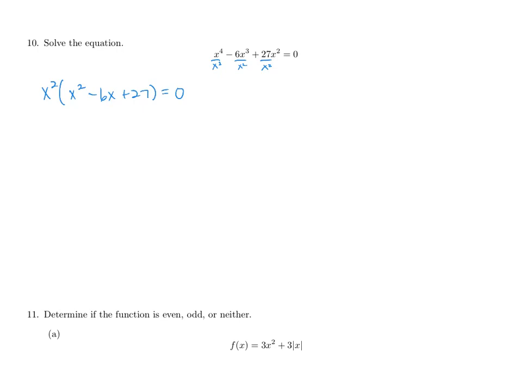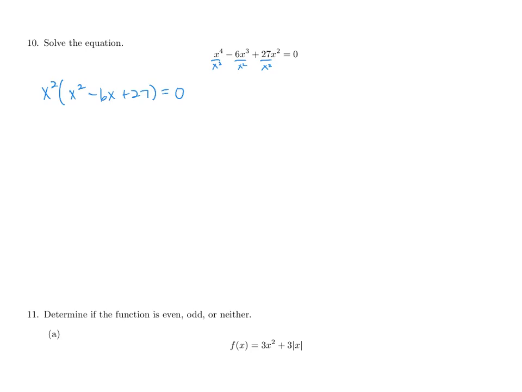And so now we want to figure out what works here. So x squared minus 6x plus 27. This looks like it will factor, but actually I don't think it will because of the plus 27. So maybe we can use the quadratic formula. We haven't done that yet.